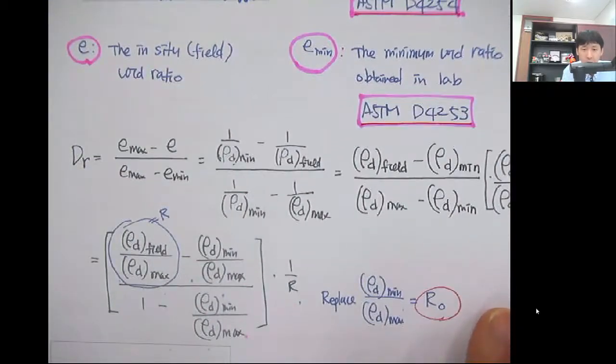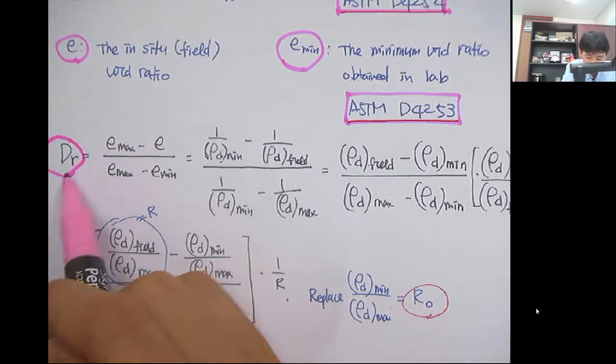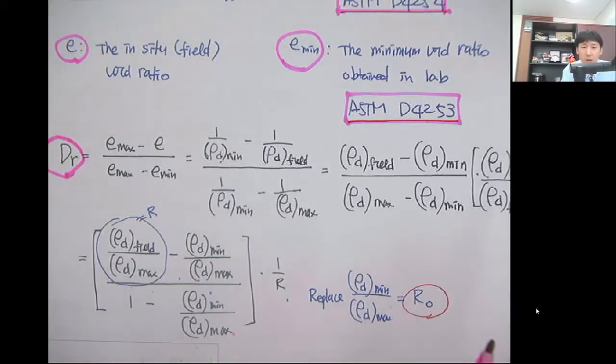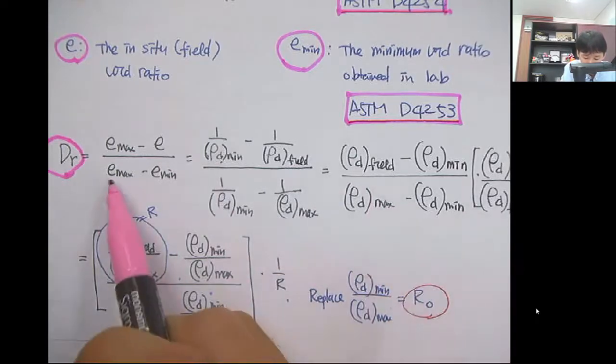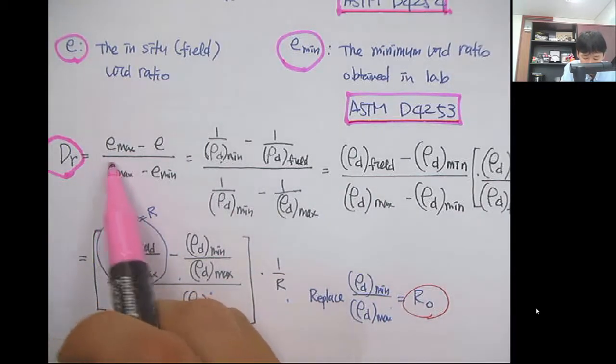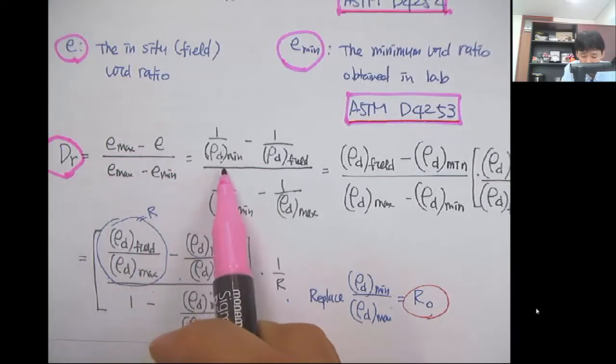So you can find the relation between Dr, the relative density, and the relative compaction R. Let's find that. Dr is defined as a function of the void ratio, and the void ratio is inversely proportional to the dry density.